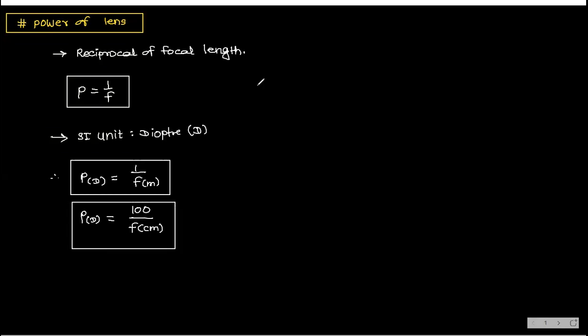Next point you see, suppose now I am having a convex lens. For this convex lens, the focus is which side? This side, right? When we are incidenting parallel rays, they are meeting at this point.